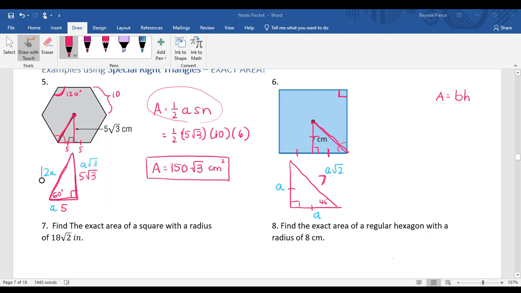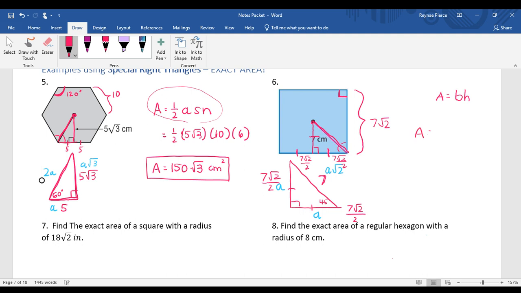Dividing 7 by the square root of 2 gets me 7 radical 2 over 2 for each of these. Which means one side, we add 7 square root of 2 over 2 to itself, one side length is just 7 square root of 2.